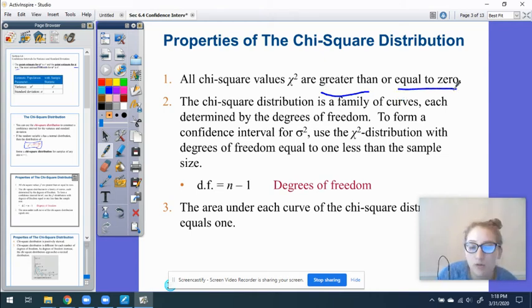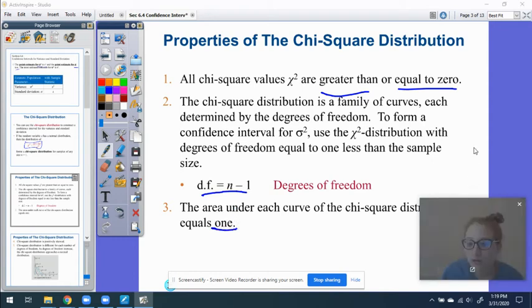The chi-square distribution is actually a family of curves, and each of the curves is determined by the degrees of freedom that you have. And remember, to get your degrees of freedom, we're going to do 1 subtracted from our sample. And just like before, the area under the curve always has to equal 1.